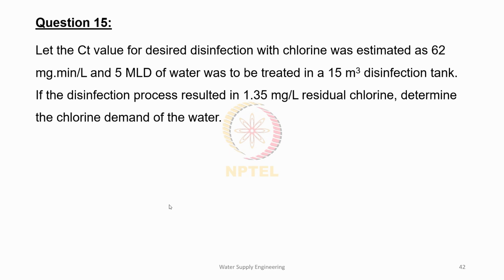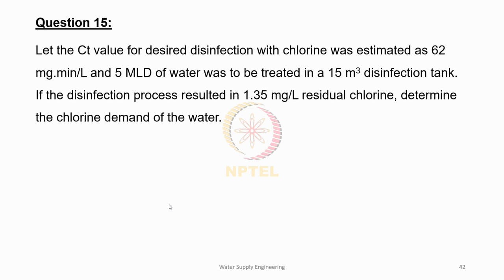Question number 15. So it is the same, the values are same, that is the same CT value, that is 62 milligram minute per liter, and 5 mld of water was to be treated in a 15 meter cube disinfection tank.